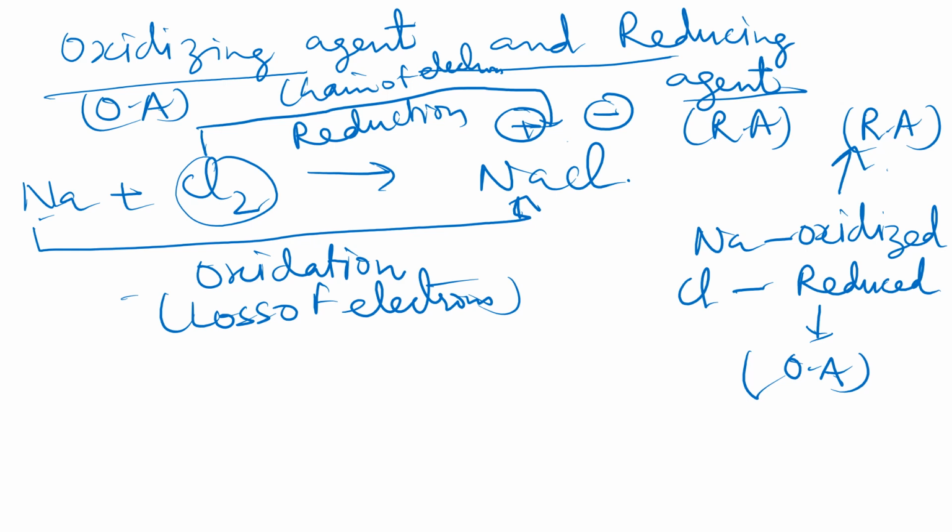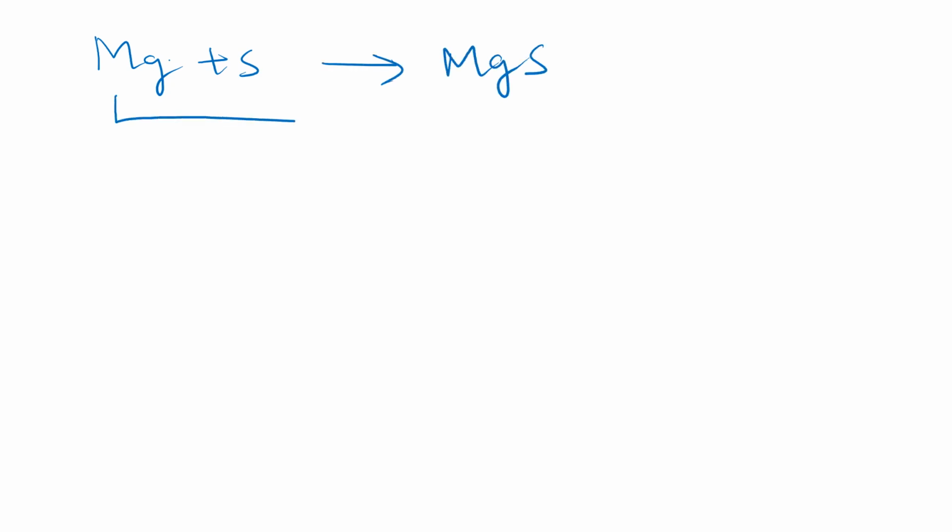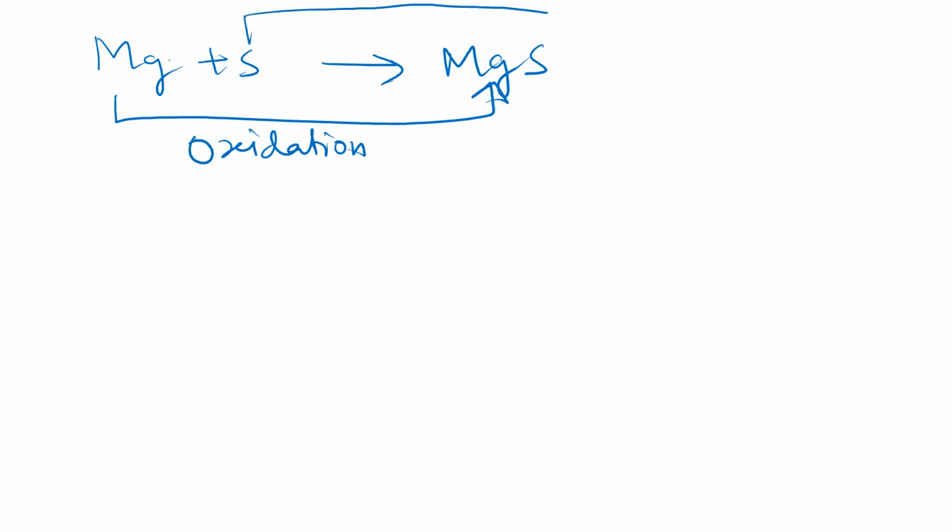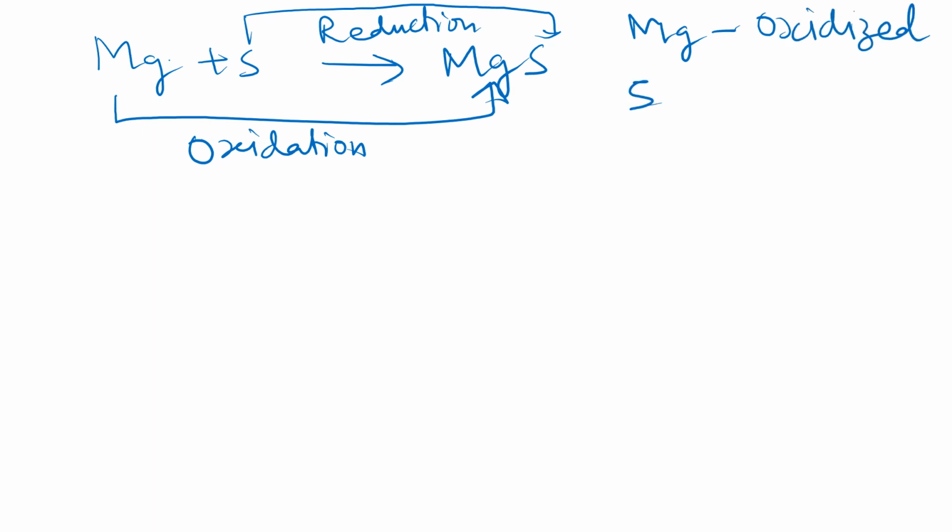I will take one more example, the one we have taken previously, MgS. Magnesium is oxidized, so there is oxidation of magnesium, and sulfur is reduced, so there is reduction.